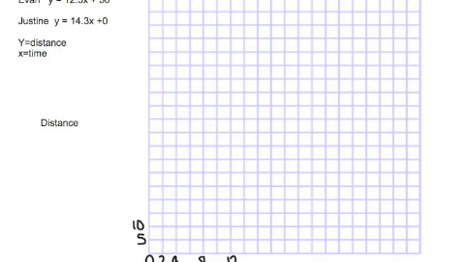So every box that you see on the y-axis represents 5 feet. So 5, 10, 15, 20, 30, 40, 50, 60.